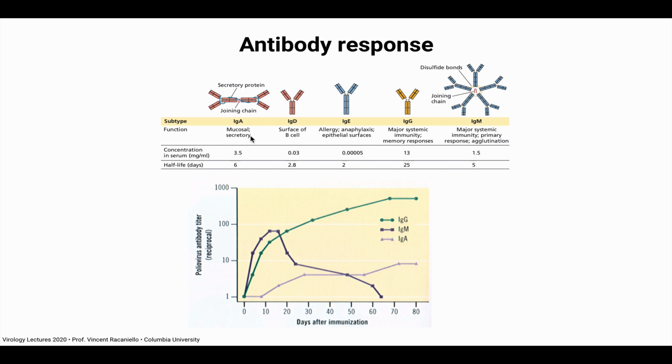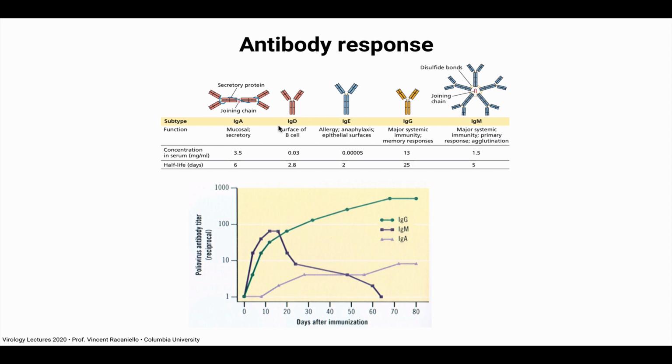And this is a dimer of two antibody molecules that are joined by a protein called the joining chain, and which also have a secretory protein wrapped around them. And these are secreted into mucus on the mucosal surfaces to protect you from viruses that infect that way, respiratory tract, urogenital tract, gastrointestinal tract. They are protected by secretory IgA.